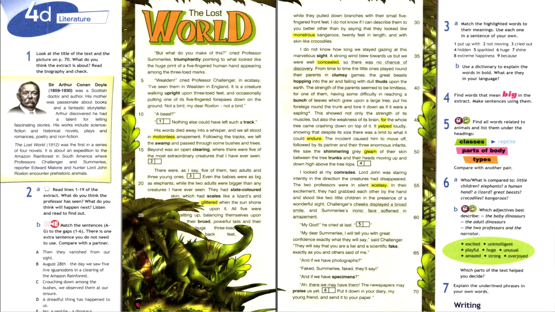The strength of the parents seemed to be limitless, for one of them, having some difficulty in reaching a bunch of leaves which grew upon a large tree, put its forelegs round the trunk and tore it down as if it were a sapling. This showed not only the strength of its muscles, but also the weakness of its brain, for the whole tree came crashing down on top of it.